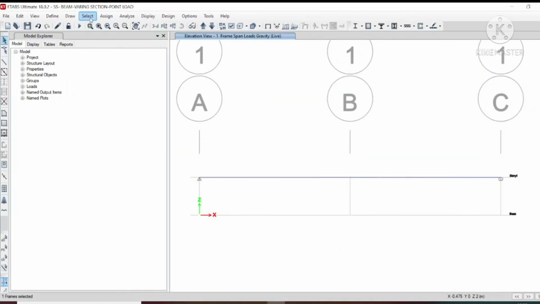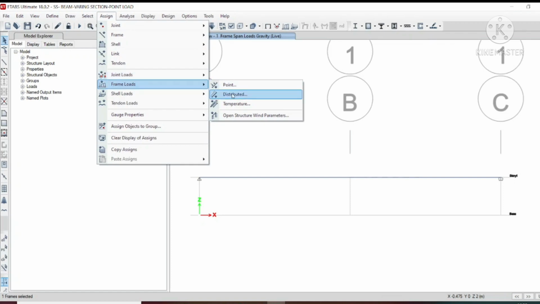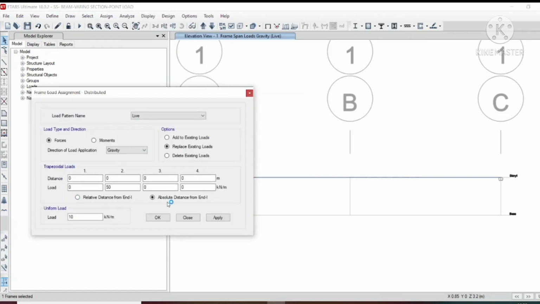So this frame is selected, and if you are assigning distributed load, from 0 to 2 meter distance it will be having 25, and for the next section at 0 meter you will be having 25, and at 2 meter you will be having 50.